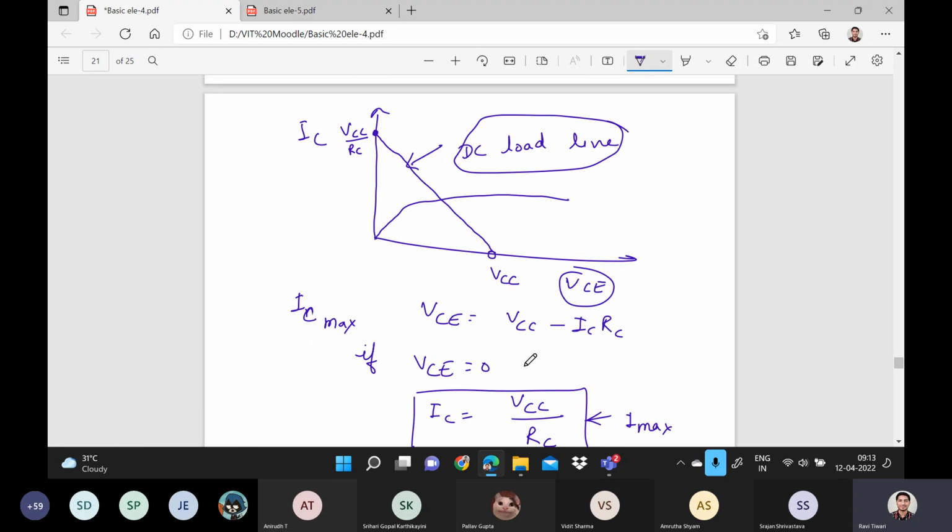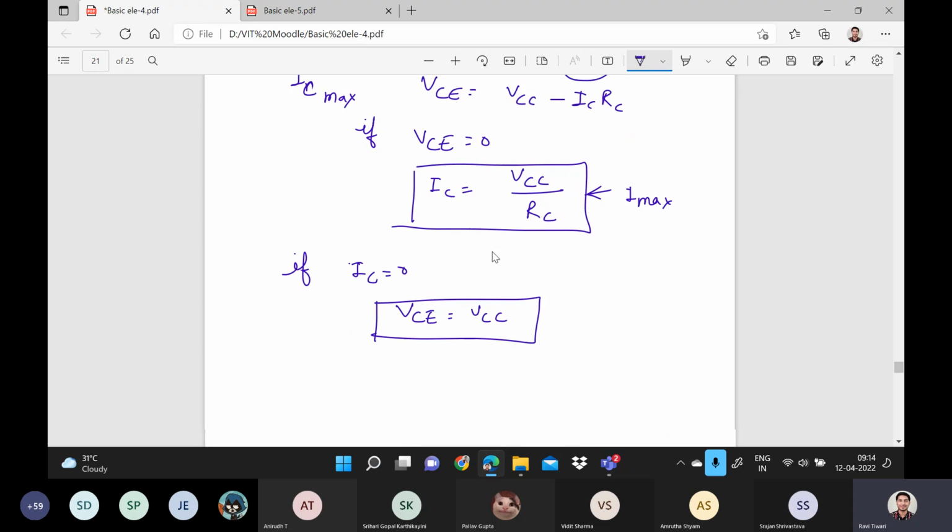So when it cuts the y axis and the x axis, you have to connect this line. In this case, as this is VCE, if you put VCE equal to 0, you will get this point. And when you put IC equal to 0, you will get this point, in the equation.